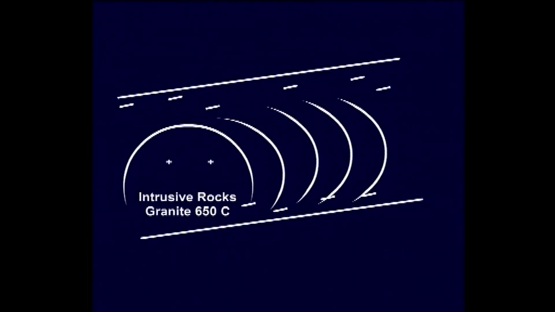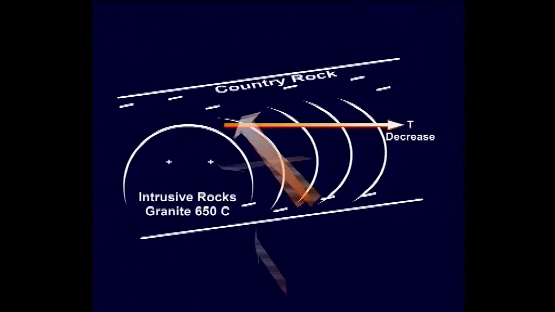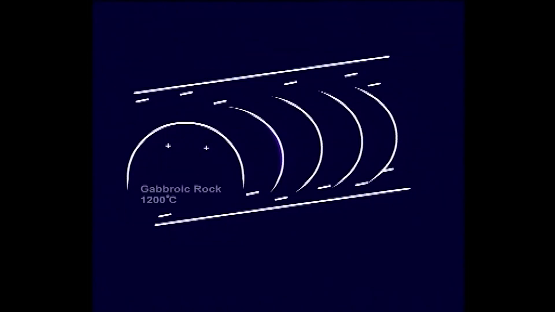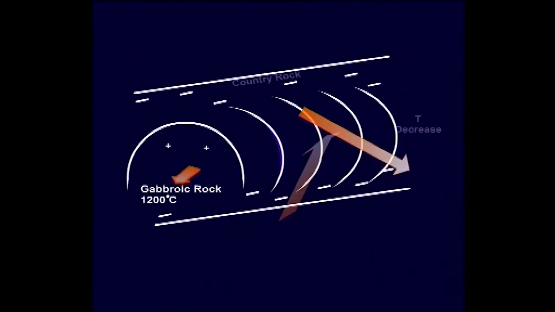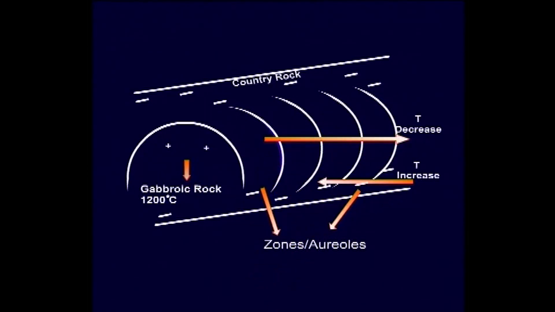Particularly if skarn rock is developed, that must be in calcareous assemblages. Here the temperature may be very high, even up to 1200 degrees centigrade, if the intrusive body is gabbroic in composition, and normally pressure is very low.